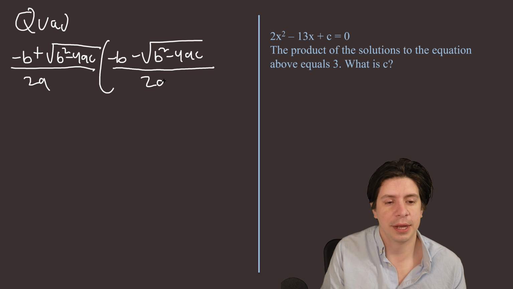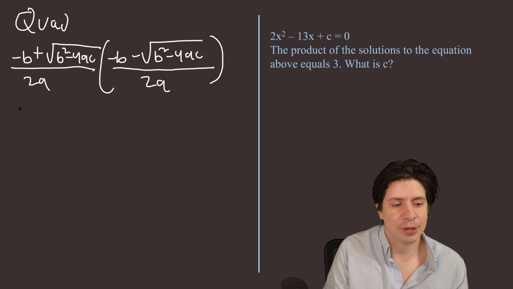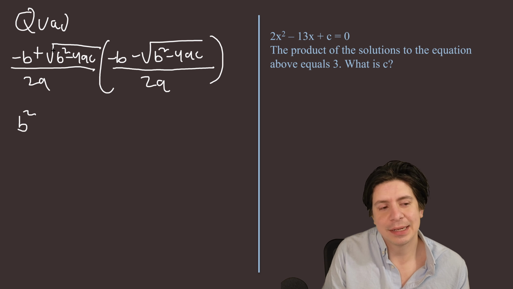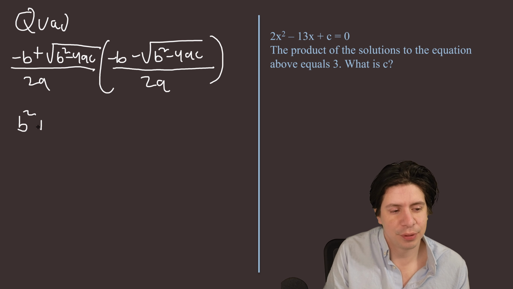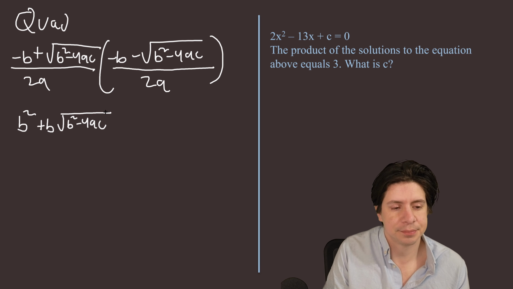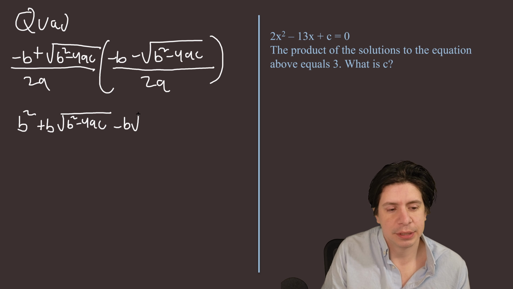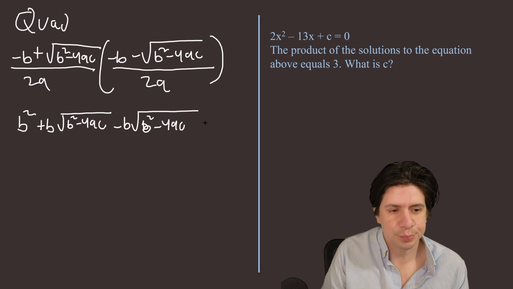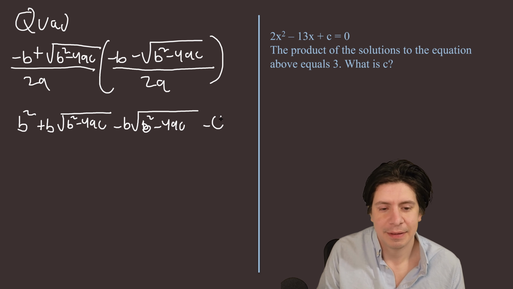all over 2a. And then we're going to get negative b times negative b is going to be b squared. Now, you're going to get a difference of squares here. The plus and the minus are going to cancel out, but I'll write it out so you have plus b root b squared minus 4ac, minus b root b squared minus 4ac, minus b squared minus 4ac.